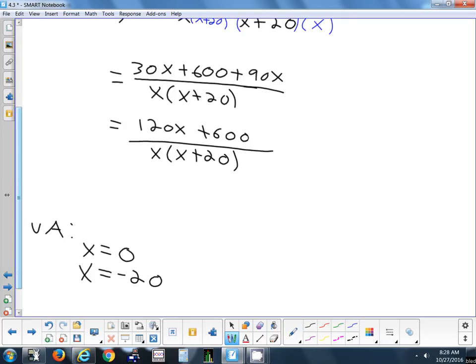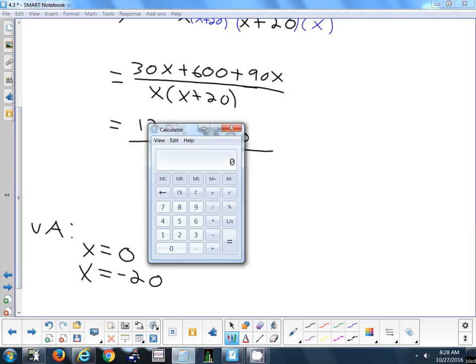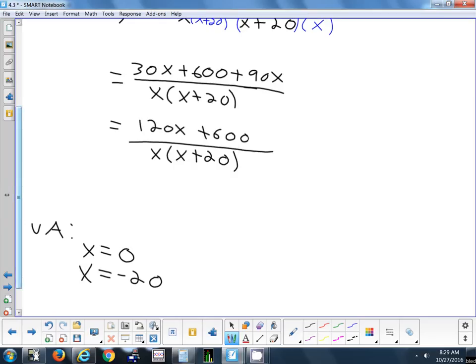Now, the only thing we'd have to check to make sure we don't have a hole at negative 20 is if you factor the numerator, would it end up being x plus 20 in the top? I think you could see the answer would be no. Because if you factor out 120 from each term in the top, you'd be left with x plus, what happens when you take 120 out of 600 with division? 5. Okay, so the top would factor as 120 times x plus 5. No common factors in the top and bottom.